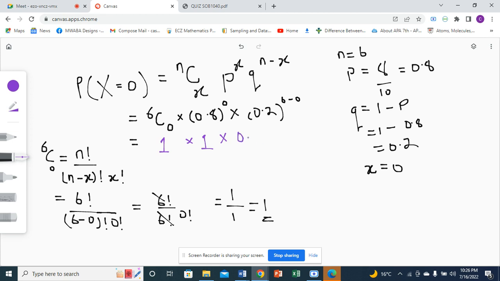0.000064. So we say 1 times 1 times 0.000064, and we get 0.000064. Converting this into a percentage, it is 0.0064%.